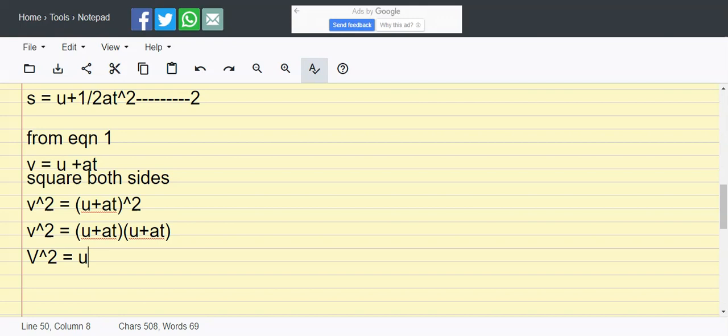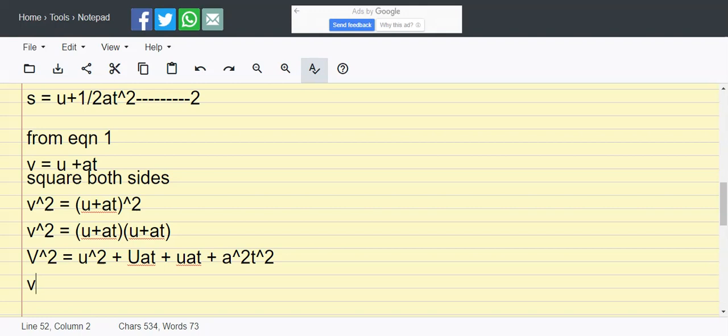So I have v raised to power 2 equals u squared, when I multiply u times u, plus uat, plus uat again, plus a squared t squared. Expand it on your own.